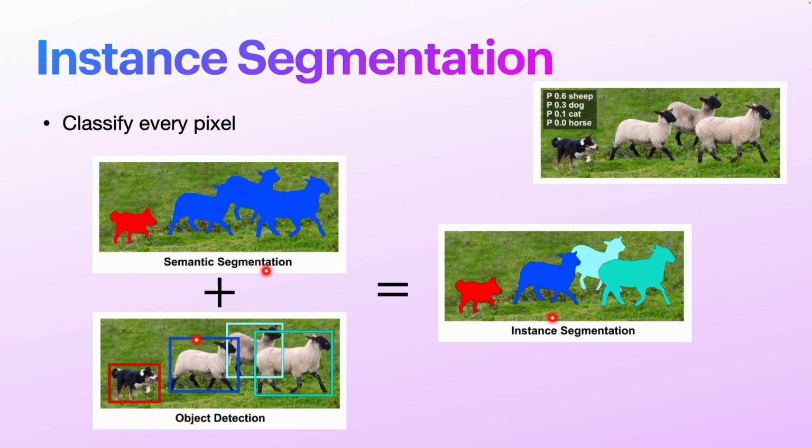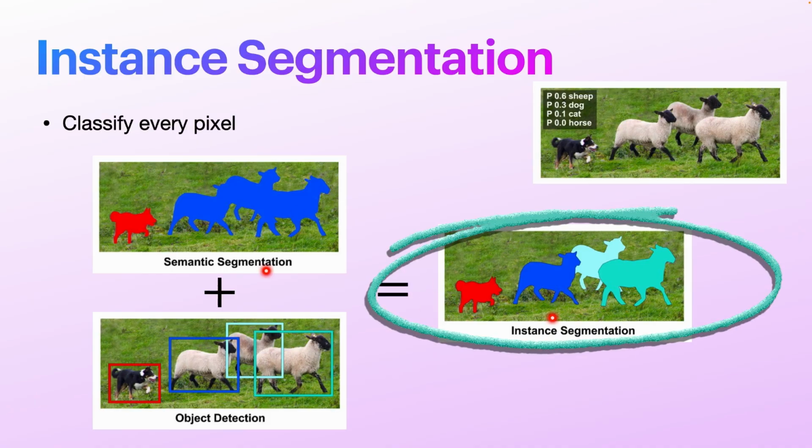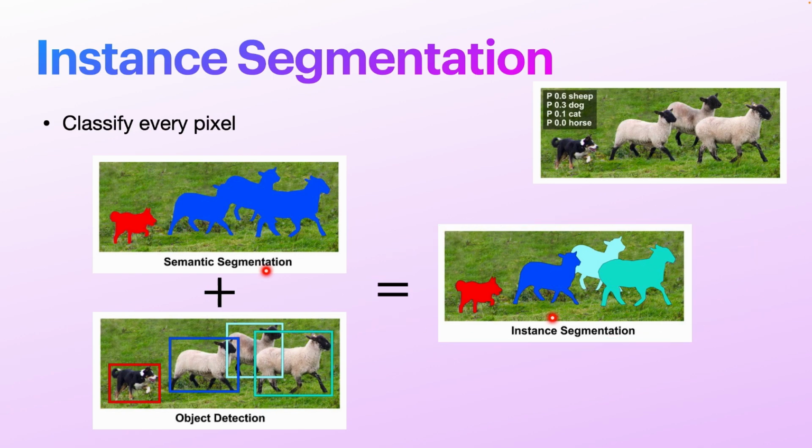In object detection, we get the boundary for each individual object. If you combine these two concepts together and give it as the output, that gives me instance segmentation. So that is the concept. Instance segmentation provides a unique mask for each and every object. YoloV5 actually does instance segmentation, not semantic segmentation.